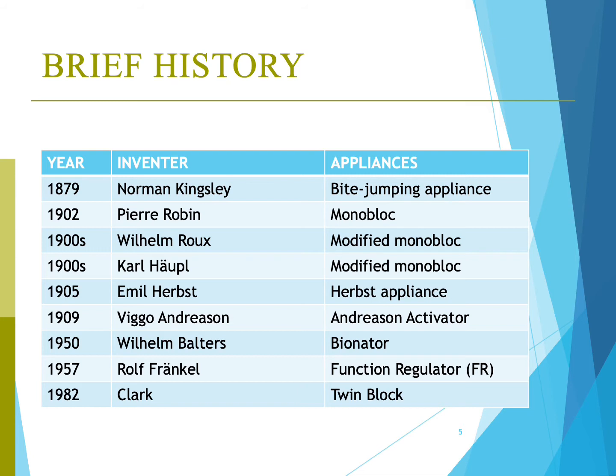Later in 1905, Herbst created the Herbst appliance, followed by Andresen, who created the Andresen activator, then the bionator, and then in 1957, Frankel created the function regulator, and finally the latest one, Clark created the twin block. Among all these appliances, the most commonly used now is the twin block.